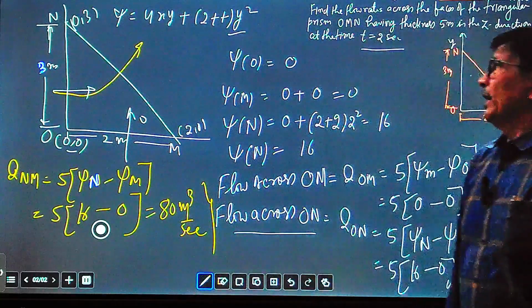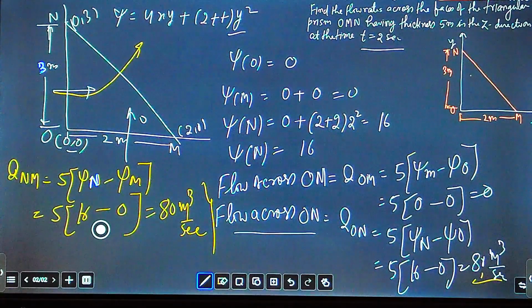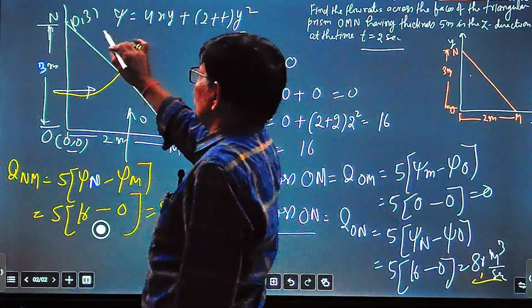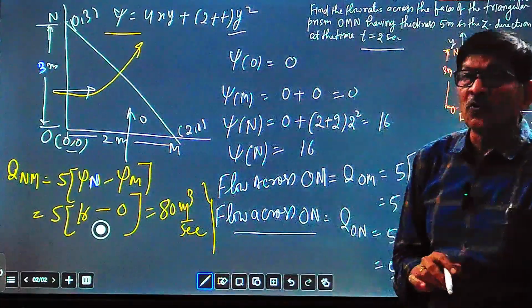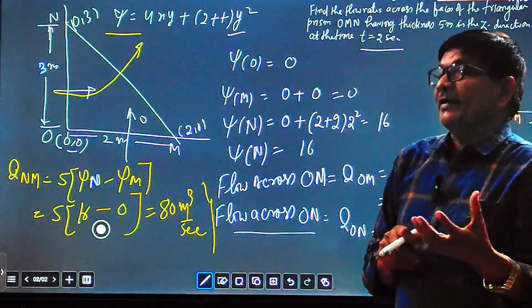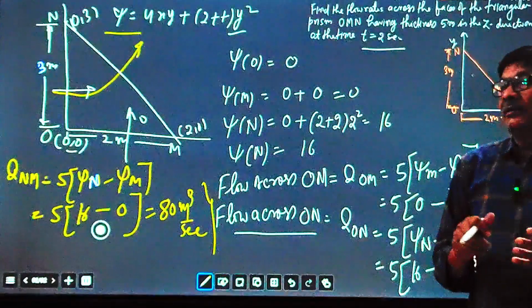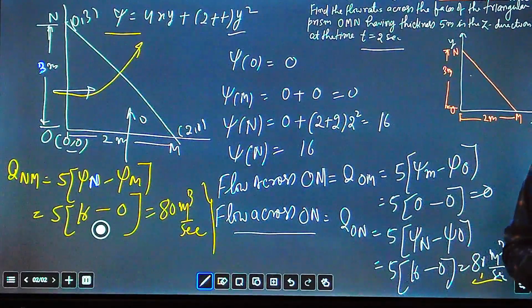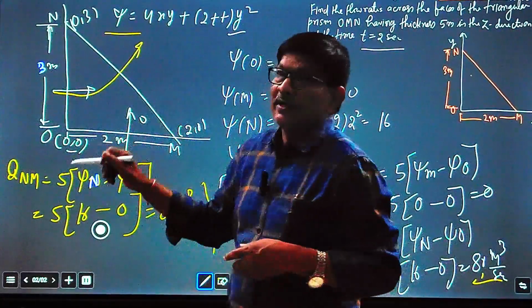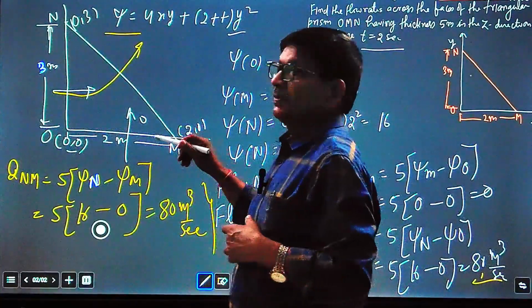So this is how you can interpret the physical significance of the stream function in solving flow across streamlines. The flow occurring between two streamlines is in meter square per second, because we are taking unit thickness. If you multiply it by 1 meter, then it becomes meter cube per second.